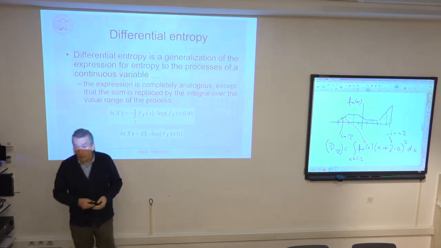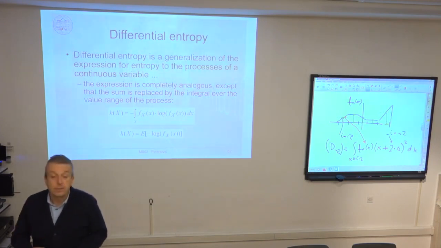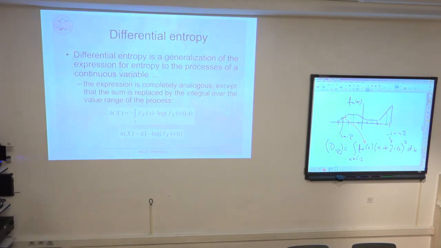So a completely analogous expression to the case of a discrete process. But now, instead of having a histogram, instead of individual probabilities for 5 classes, I have the PDF for any real number x where the signal value exists. So f_X of x times logarithm f_X of x dx.